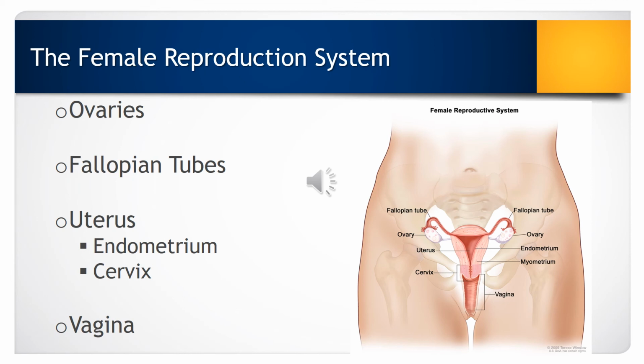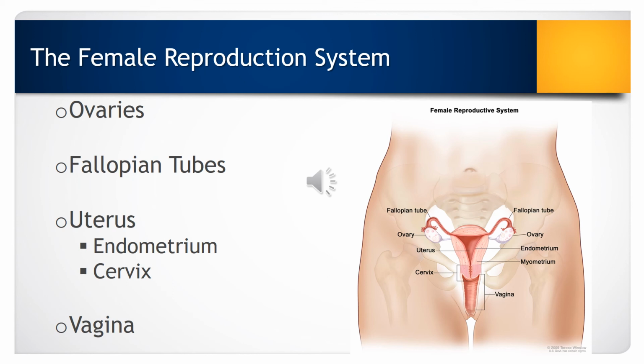The ovaries are 2 oval-shaped organs, one on each side of the uterus. The ovarian ligament and broad ligaments help keep the ovaries in place. Within the ovaries, there are several thousands of immature follicles, and these follicles are present at birth.